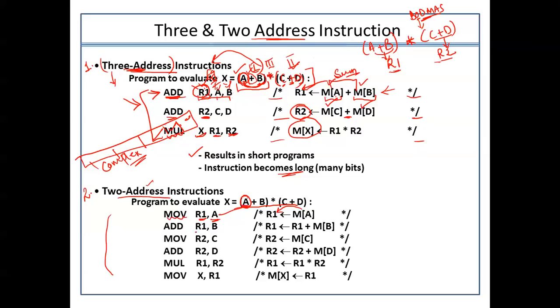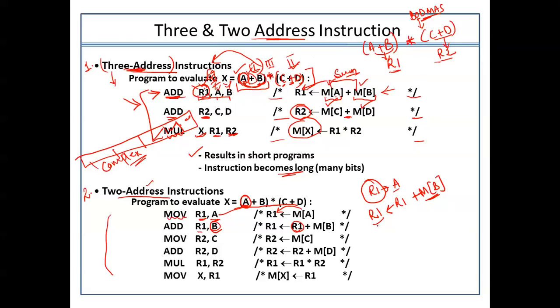Now what do I have to do? Again I will take the value R1, because R1 has the value A stored here. Okay, R1 is pointing to A. So R1 is to be added to B, the memory address of B, meaning simply the operand or the data value. And then the sum is again stored in R1.